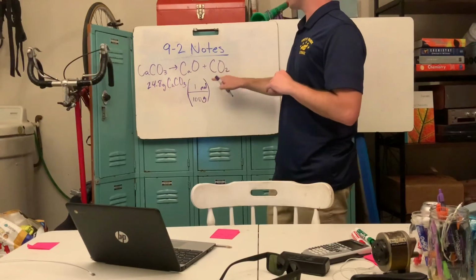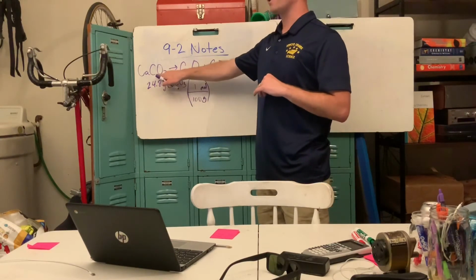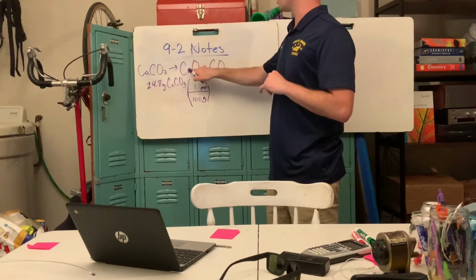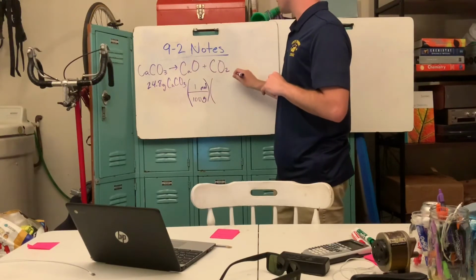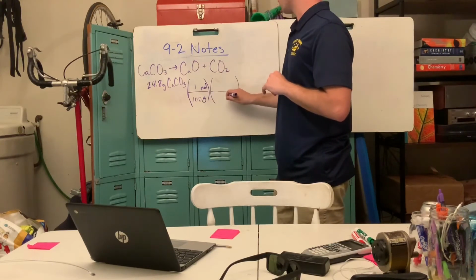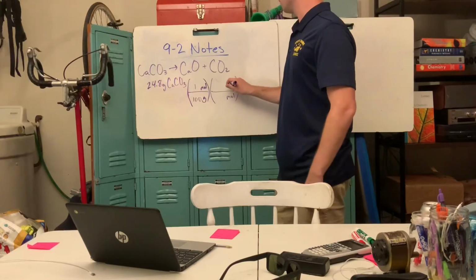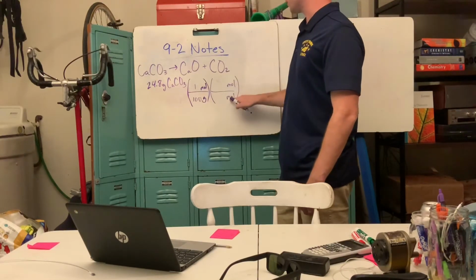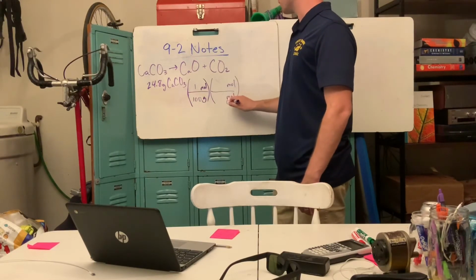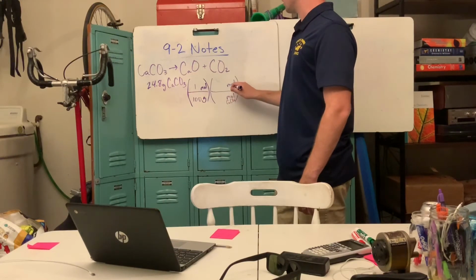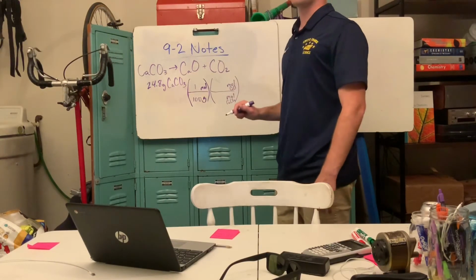Now we're going to convert moles of calcium carbonate to moles of calcium oxide. So I'm going to say moles on the bottom and moles on the top, because this is moles of calcium carbonate, and this is moles of calcium oxide.